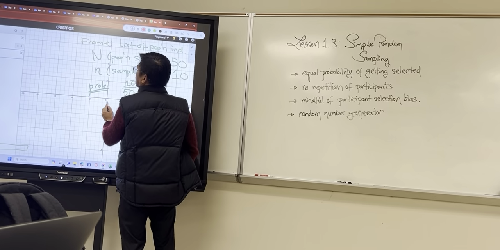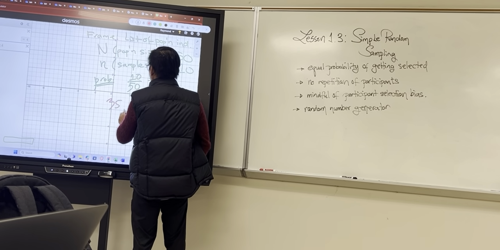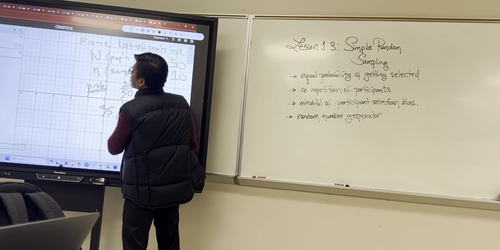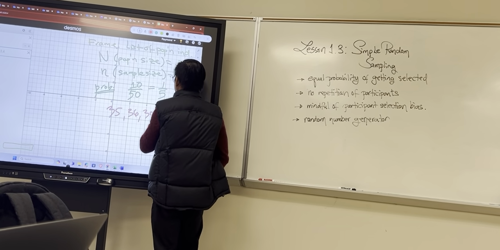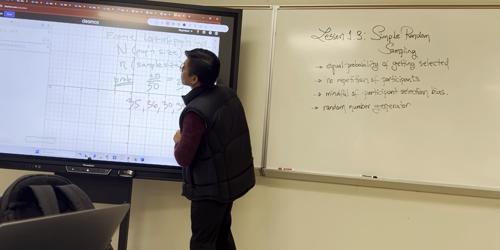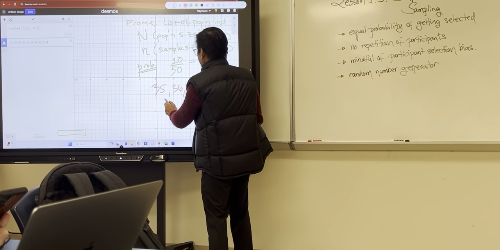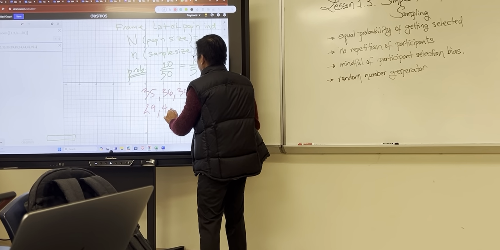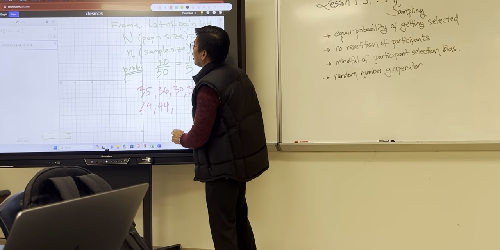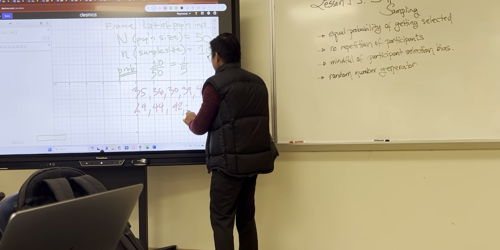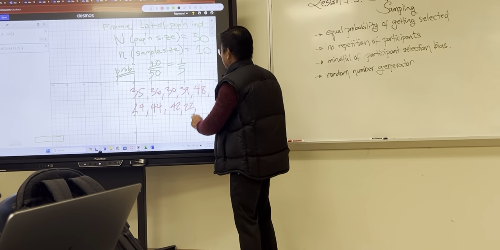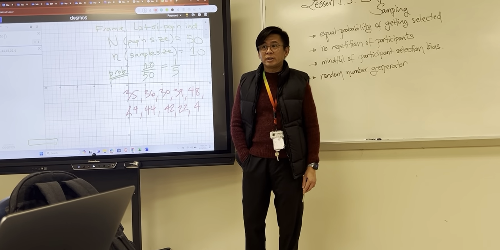What's that again? 35, 36, 30, 39, 48, 24, 44, 42, 22, and the last one is 4.